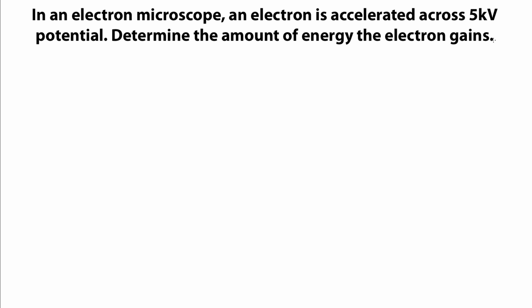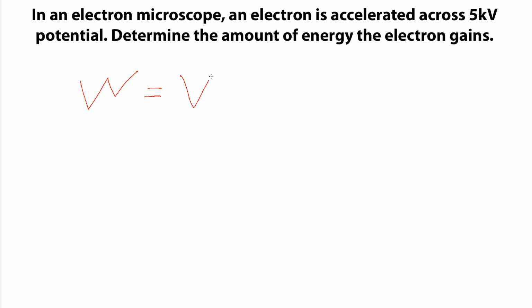Now this sounds like it doesn't immediately have anything to do with the circuits that we've been discussing, but we can still see that if we've got an electron moving across some potential, moving across some voltage, then because an electron is a charged particle, then we're going to have that amount of charge gain some energy because of the voltage as dictated by the equation we just saw.